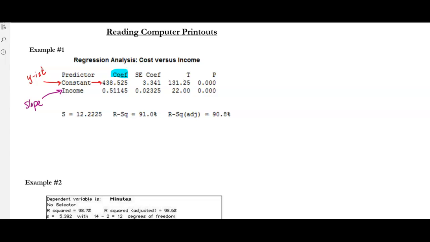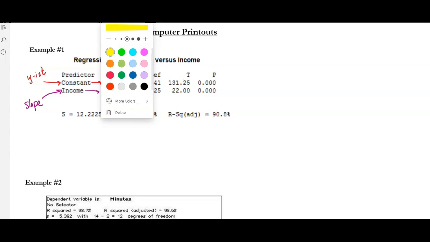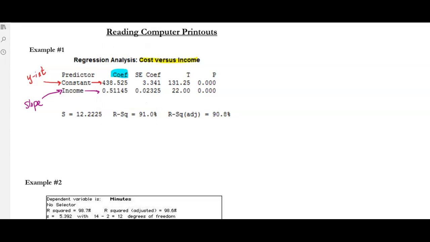So the y-intercept for this one is 438.525, and the income is represented by 0.51145. You see how it says up top, it says cost versus income.